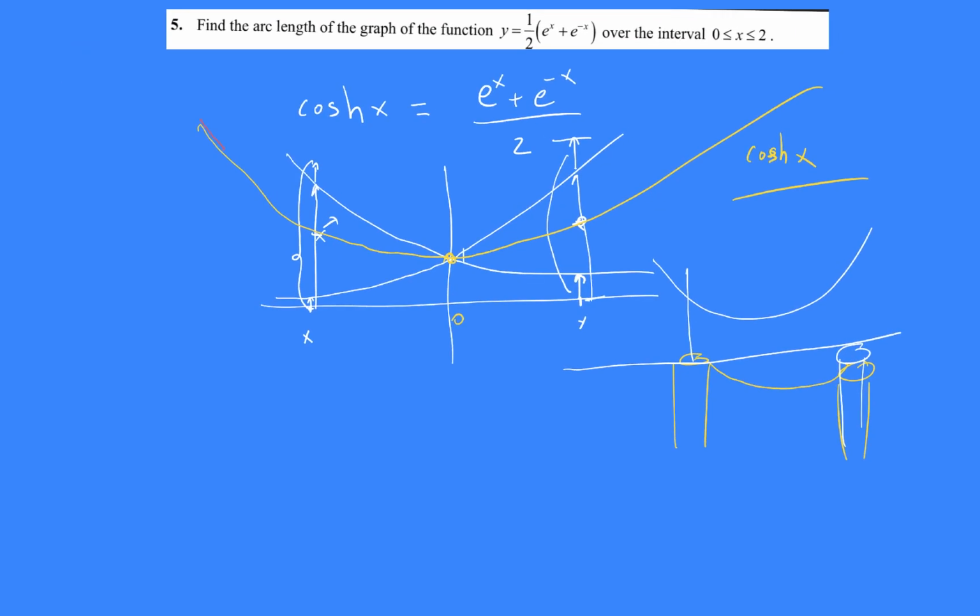Well, again, the same procedure: 1 plus y prime squared under the square root, and I will integrate this.